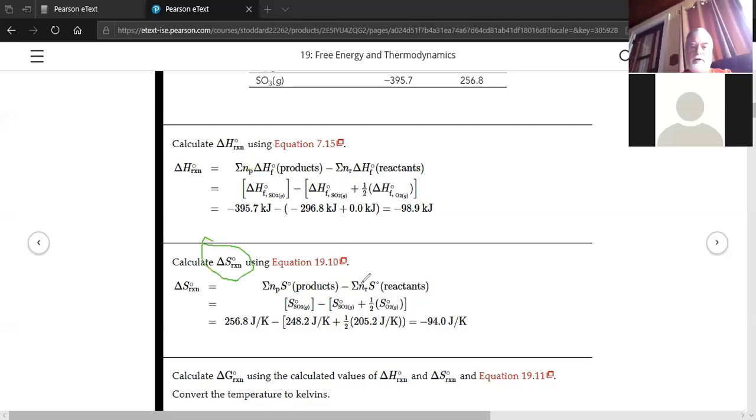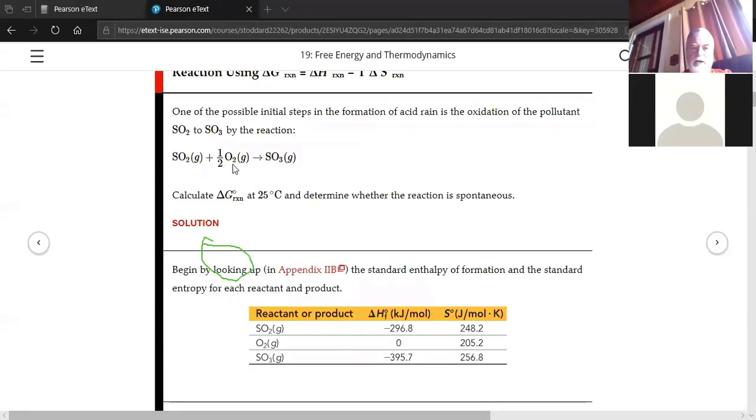Products minus reactants. And then in the example, you can see that from the chemical equation, let's go up here for a second. The chemical equation has a half in front of the oxygen. So when you apply this formula, you have to multiply those values from the tables by whatever the coefficients are.